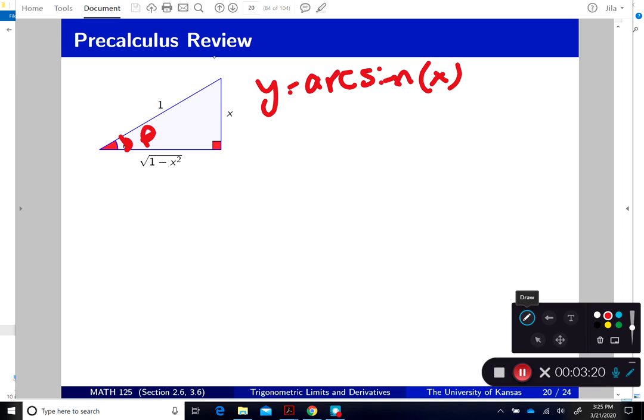That means the opposite over the hypotenuse is x. That's theta. Then, using the Pythagorean theorem, I can find the other side, which is the square root of 1 minus x squared, and use that to find cosine and tangent and so on and so forth.